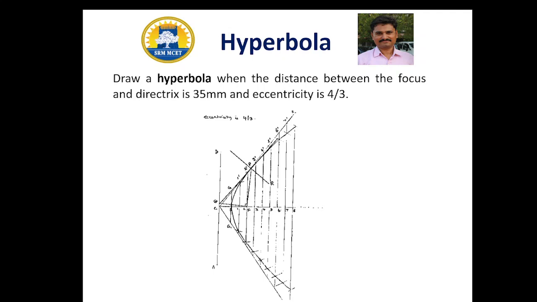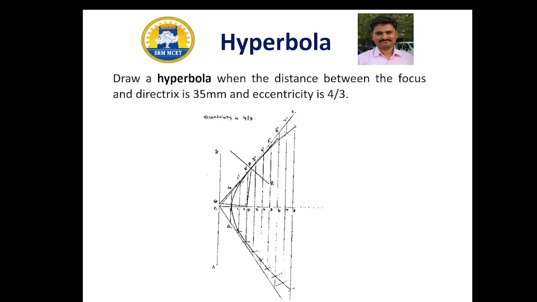Next, join the point P and the focal point F. Then draw a perpendicular line to FP which will meet the directrix AB at Q. Draw a line P Q. This is the tangent line to this hyperbola.